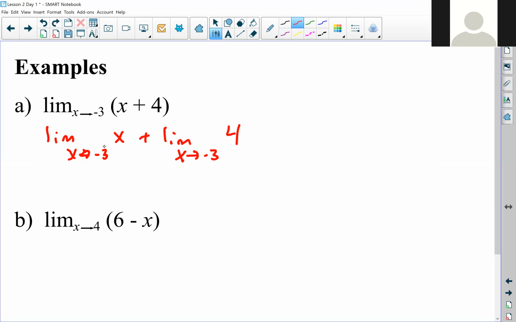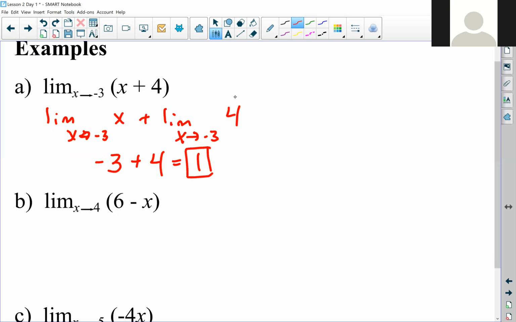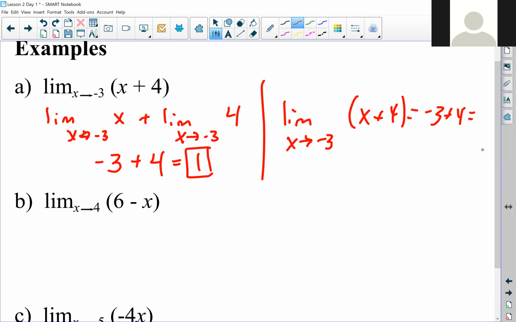So we're going to get what x is approaching, -3. The second one is the limit of a constant. So we just get that constant to get a value of 1. So I don't expect you to break them apart like that. You don't have to. You could just plug the -3 in and say the limit as x approaches -3 of x plus 4 is -3 plus 4, 1.